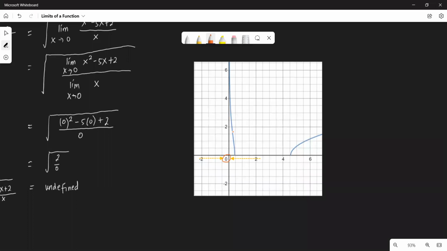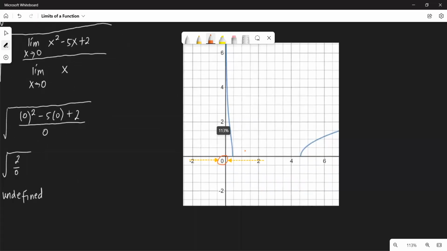The blue curve is the sketch of the function square root of x squared minus 5x plus 2 over x. As you can see, there's no value of y that is being approached by the function.